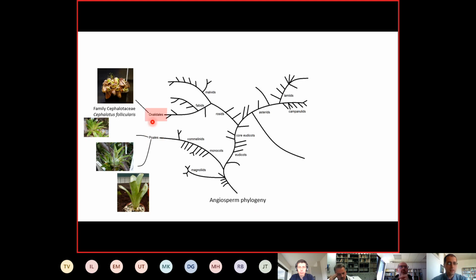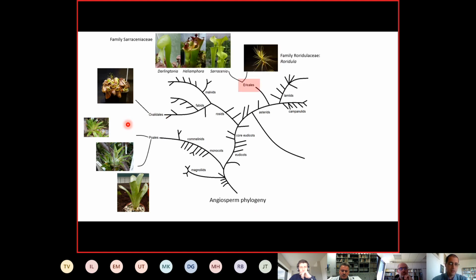Another clade is in the order Oxalidales, family Cephalotaceae, which is monotypic, containing only Cephalotus follicularis, which is quite a unique and distant clade of carnivory. While in the order Ericales, there are two clades, the families Sarraceniaceae and Roridulaceae.